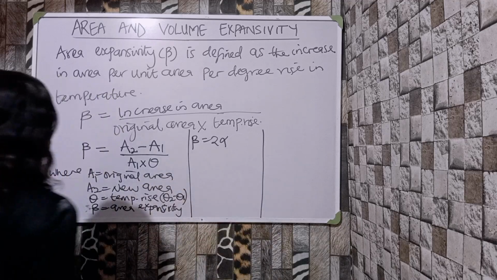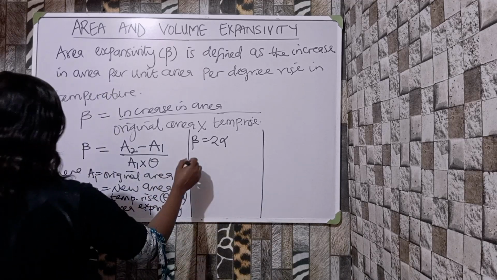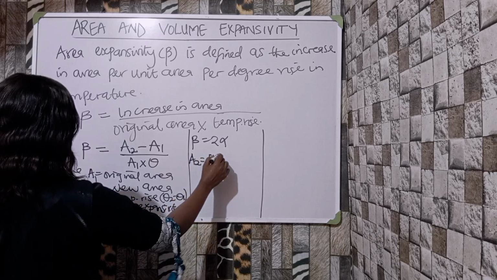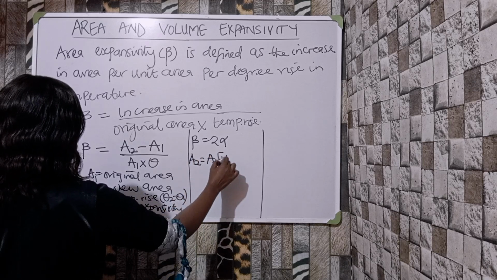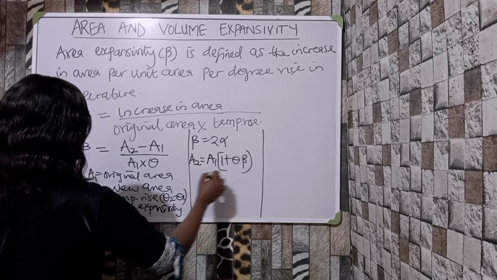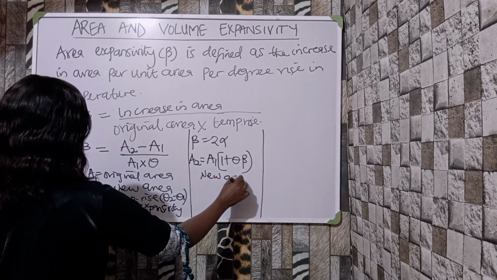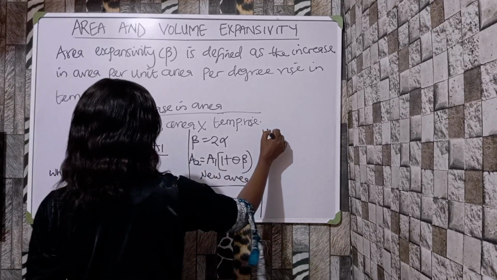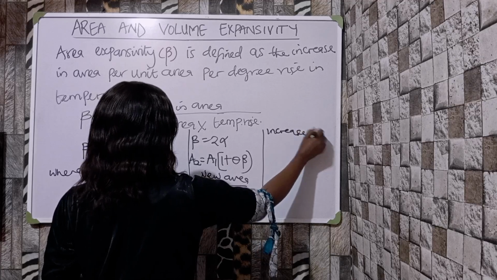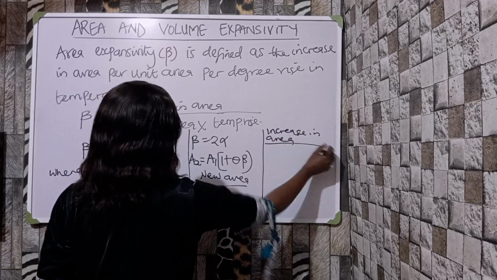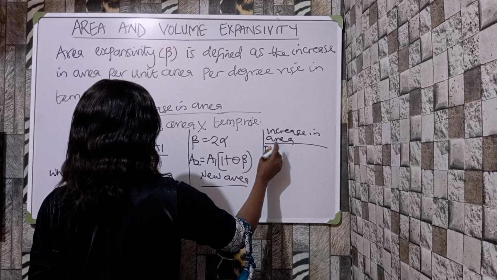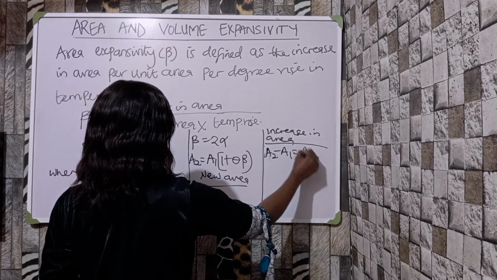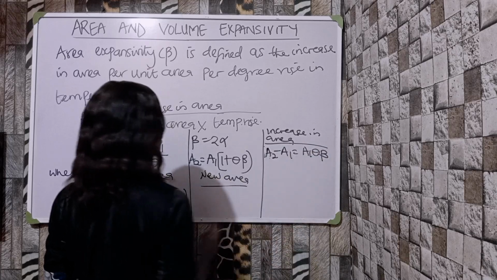Then some other thing they may ask is to find the new area. The same method I used for linear expansivity, I would say A2 is equal to A1 bracket 1 plus theta beta. This one is for the new area. Okay, use this formula. If you're asked to find the increase in area, we say this is A2 minus A1, which is equal to A1 theta beta.